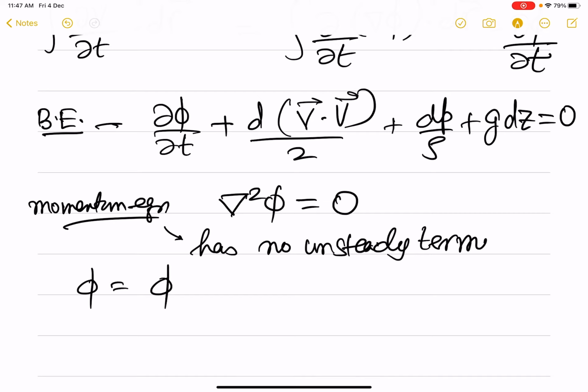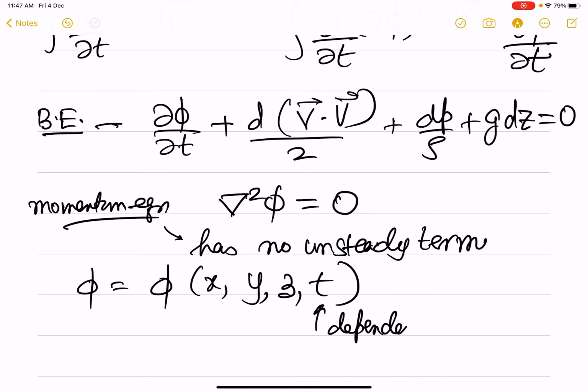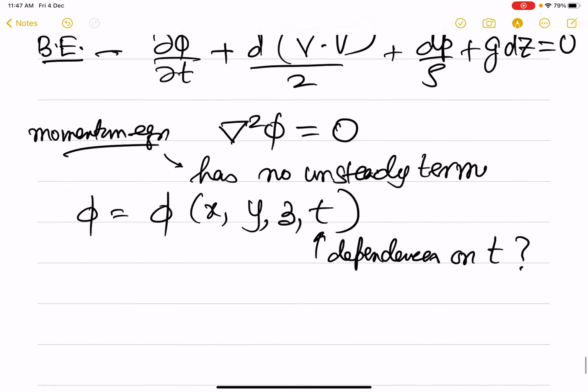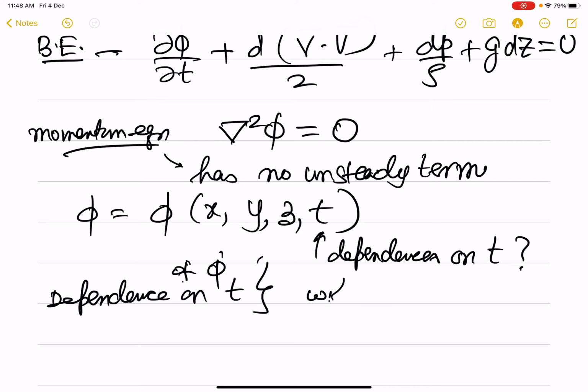So therefore, if phi is equal to phi of x, y, z, t, then how does the dependence on t come? Because there is no unsteady term in the equation, the dependence of phi on t will come only from the boundary conditions.